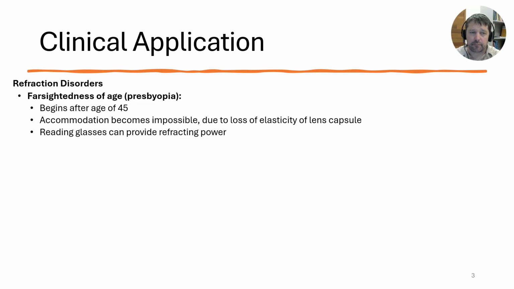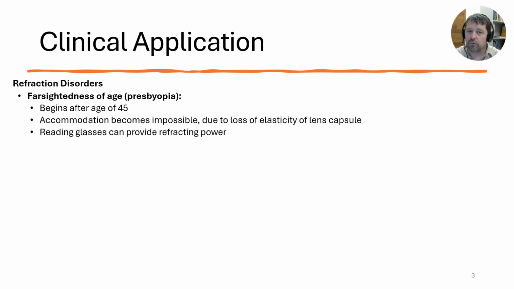Okay, so presbyopia, or farsightedness. Typically this is because the elasticity of the lens, the flexibility of the lens, the ability of the lens to flex and come back and flex and come back, decreases over time.